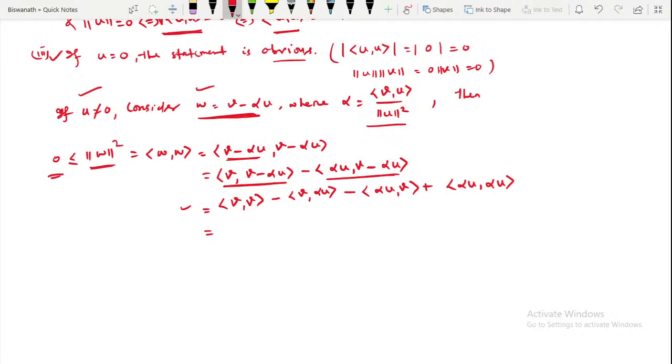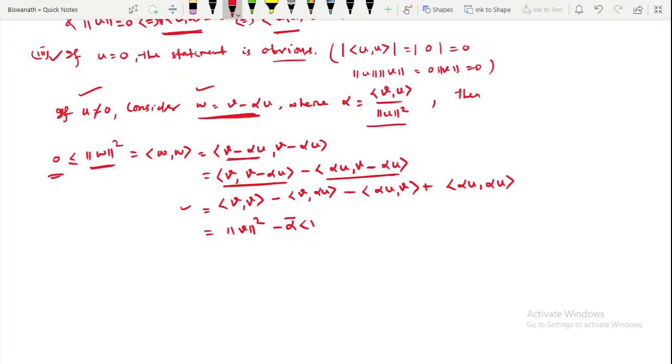So the inner product of v comma v is your norm v square. Similarly, for v comma alpha u, we can take alpha outside of the inner product, and since alpha is from the second component, the conjugate will be there.